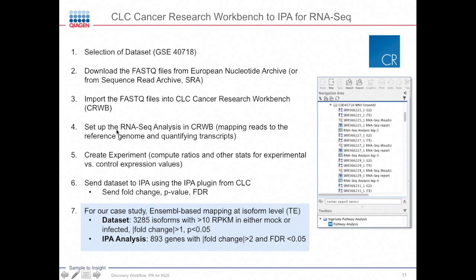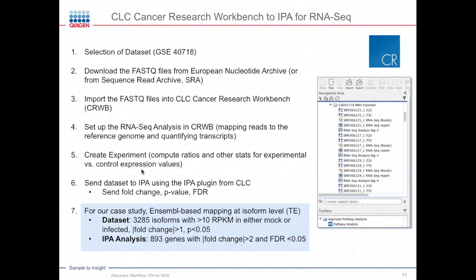So you import the FASTQ files into the workbench, which I'm going to call CRWB here, and you set up this analysis, which means mapping the reads to the reference genome, which is human, and quantifying transcripts, essentially. And then you create an experiment where you ratio mock versus, in this case, West Nile virus infected, and you compute stats for the p-values and false discovery rates and things like that.